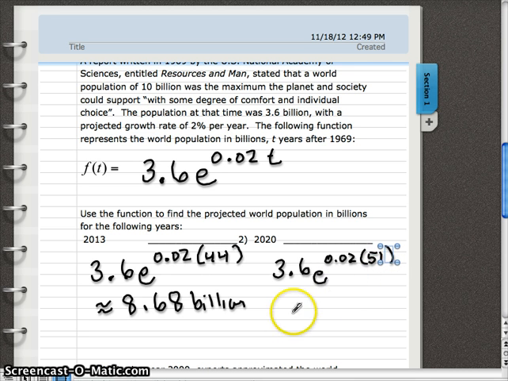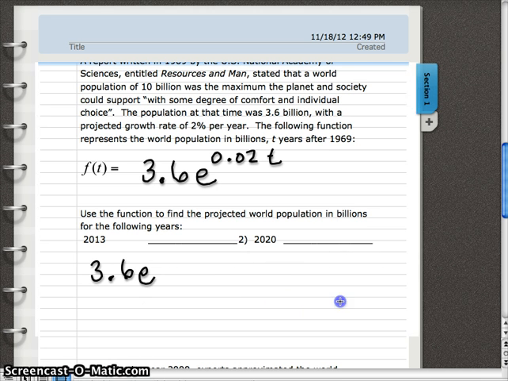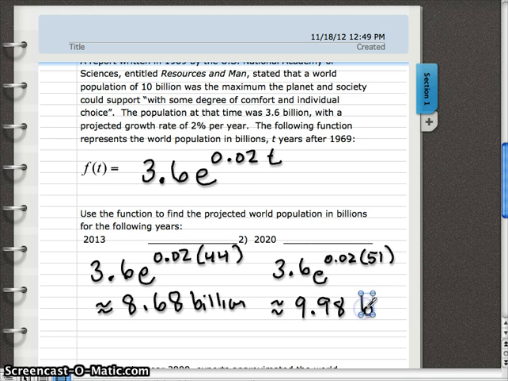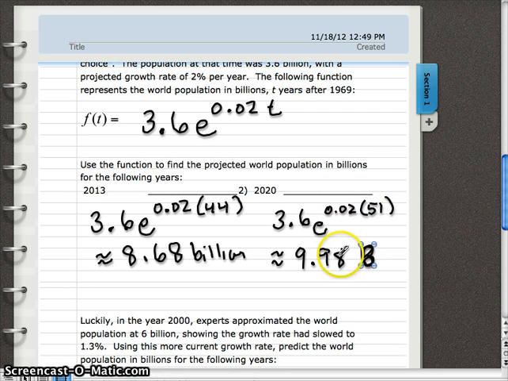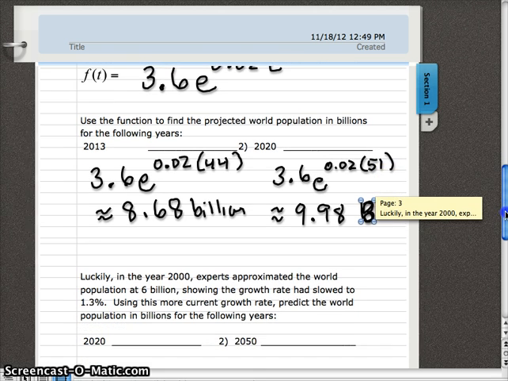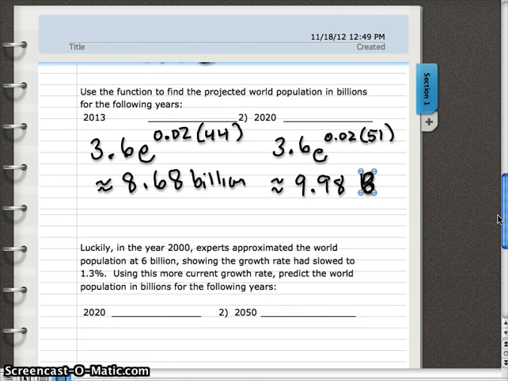Punch it into your calculator, and we should get approximately 9.98 billion. There we go. So real close to that 10 billion mark, that tipping point in the year 2020. So it's kind of a bad place to be.